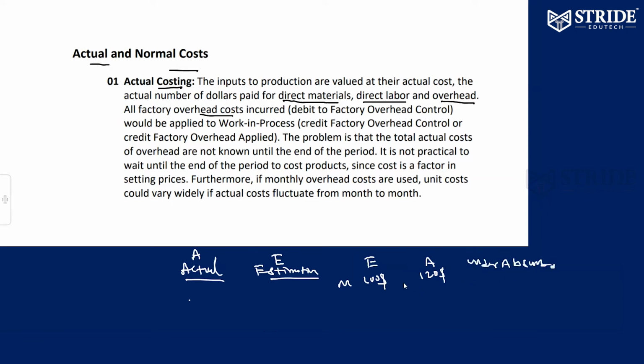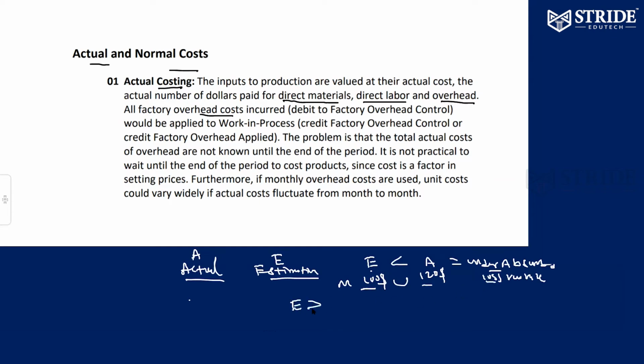Under absorption means there is a variation loss. We estimated the material cost to be 100, but it actually incurred at 120. We incurred an extra amount, so it's a loss for us. If estimated is less than actual, the concept is called under absorbed. The difference will be treated as a loss from a costing point of view.